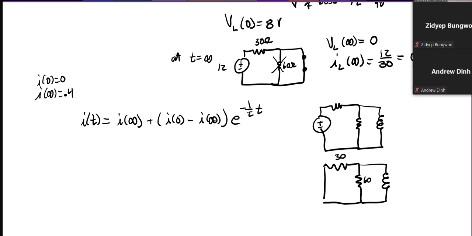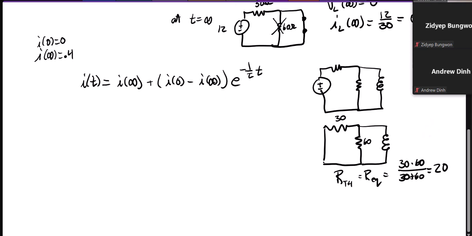And this is an example of what I was showing y'all a minute ago. From the point of view of the inductor, these two resistors are in parallel because they're connected at the top and they're connected at the bottom. So R Thevenin, or R equivalent, is product over sum, 30 times 60 over 30 plus 60, which is 20.